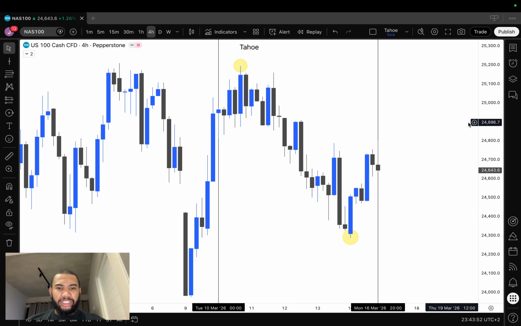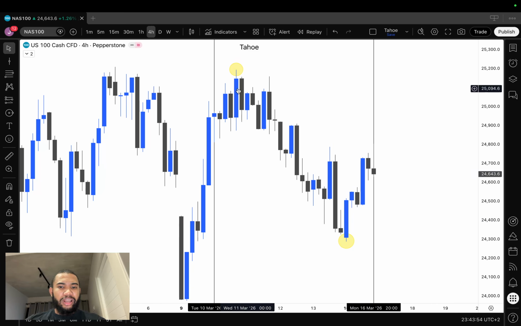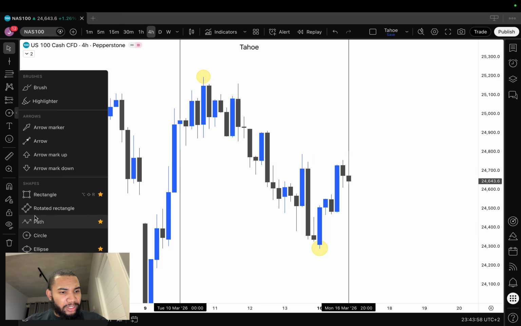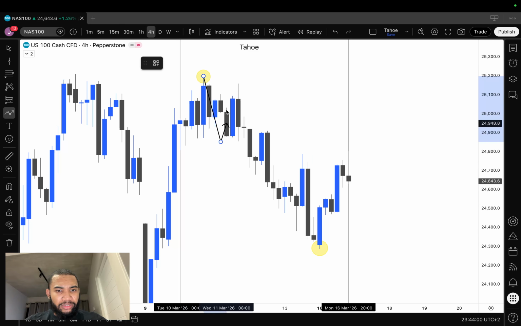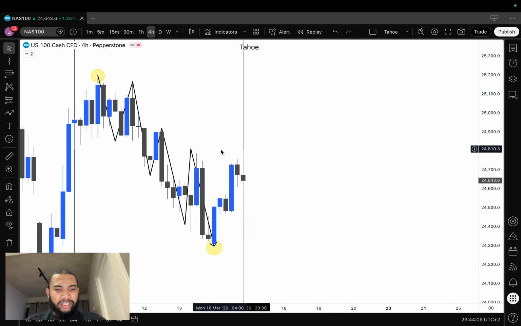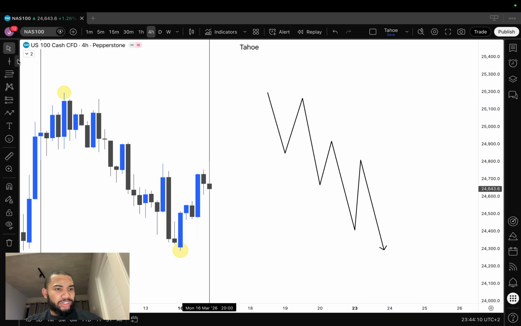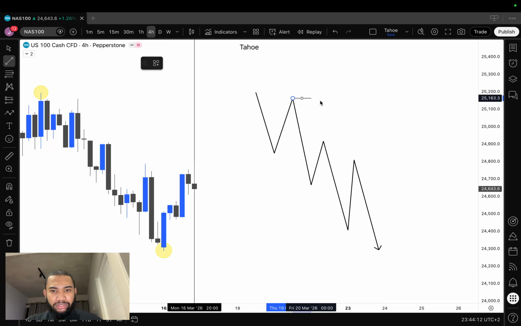But how did it descend? Did it just push down, or how did it look? Here we can clearly see the market had created some format of downward momentum. Okay, a series of lower highs and lower lows, which is of course the basic description of a downtrend. Here we see lower highs, okay, and lower lows.